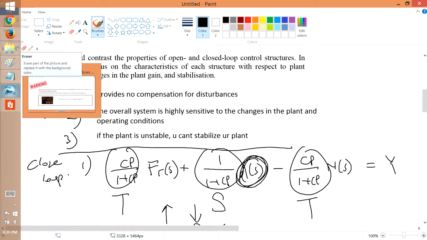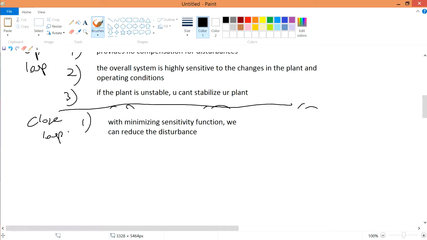Therefore, you can say that by minimizing the sensitivity function, we can reduce the disturbance, or its magnitude, because it's just 1/(1+CP) ds. If you reduce the magnitude of this, you can minimize your disturbance. Alright, that's just what I want to say.